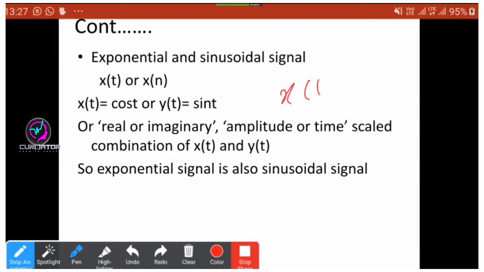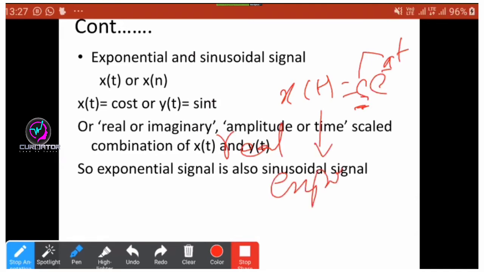Let x of t be an exponential signal equal to e power at or c e power at. C is some constant, it doesn't matter. Here we have two values c and a. If these two values are real, then the signal will be purely exponential.